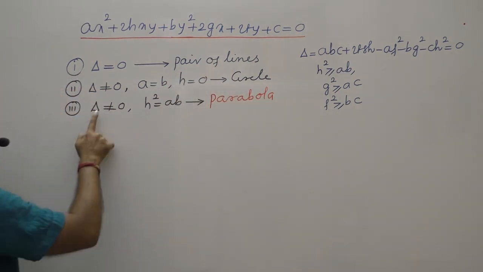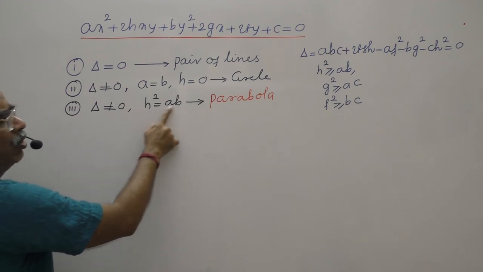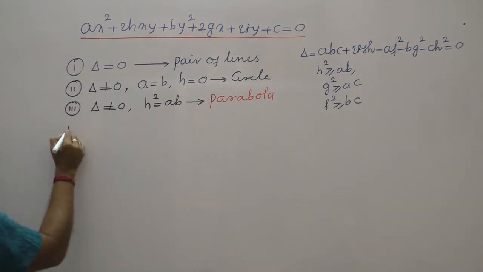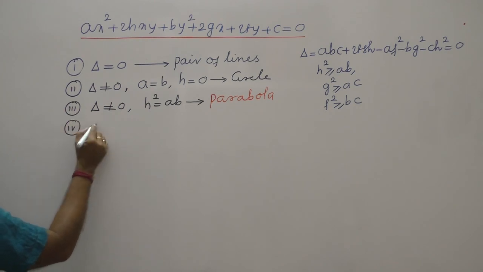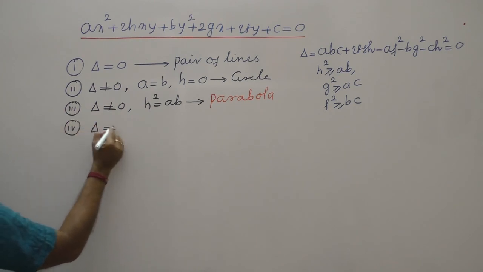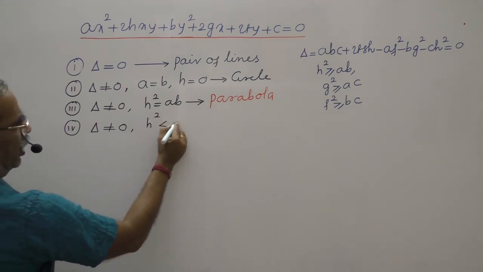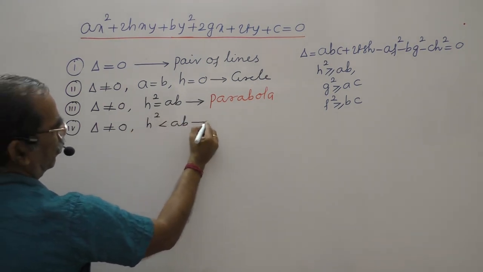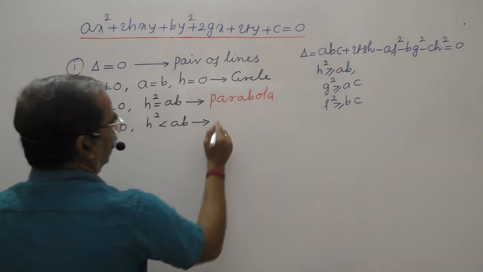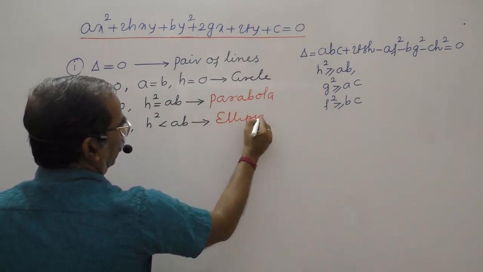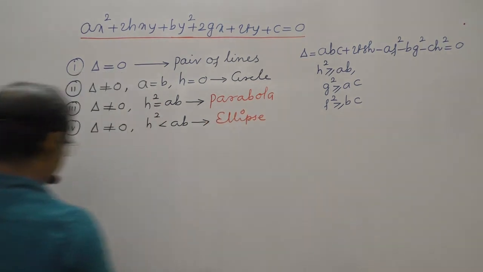So, when delta not equal to 0 and h square equal to AB, then it will represent a parabola. Next, if delta is not 0 and h square is less than AB, then the curve will be an ellipse. Then it will be representing an ellipse.